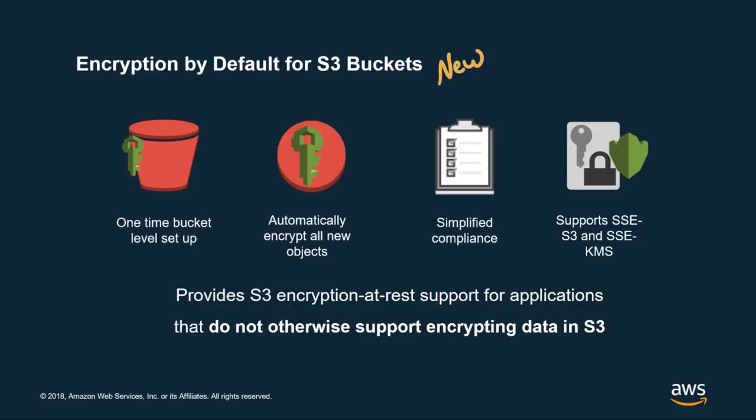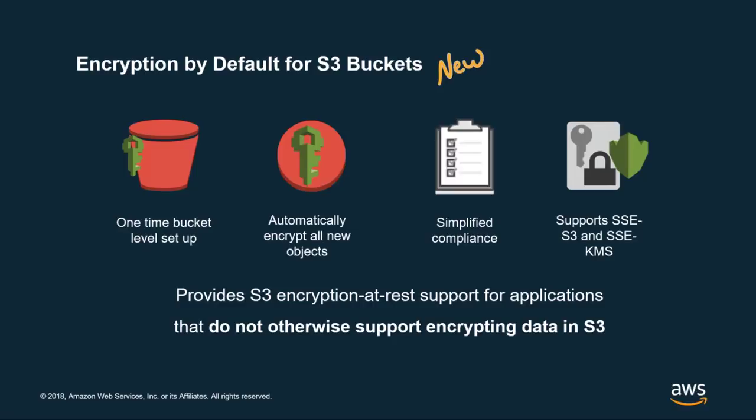So let's talk about encryption by default for S3 buckets. Another new feature we introduced late last year. Essentially, it provides S3 encryption at rest support for applications that don't otherwise support encrypting data in S3. So whether the application can't set encryption when it does puts, or a user doesn't know how or inadvertently forgets to, this will encrypt by default.